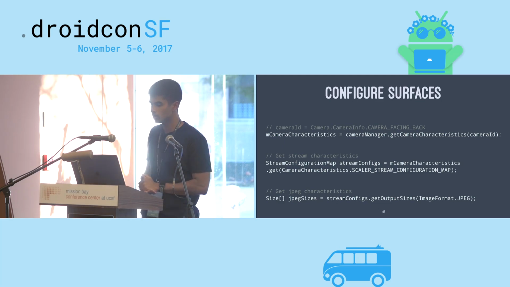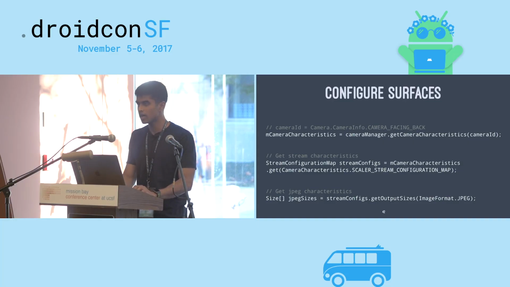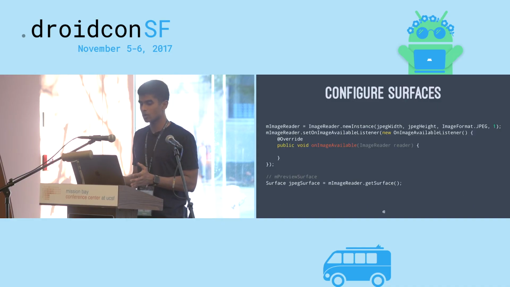Then next thing we want to do is configure surfaces. So say we pick the back camera here. We want to get the camera characteristics, and out of the camera characteristics, we want to get the stream configuration. And once we have that, we want to see what all the output sizes of this stream configuration are for a JPEG. Once we have that, we can now create an image reader with the JPEG, with one of the preferable JPEG widths and heights.